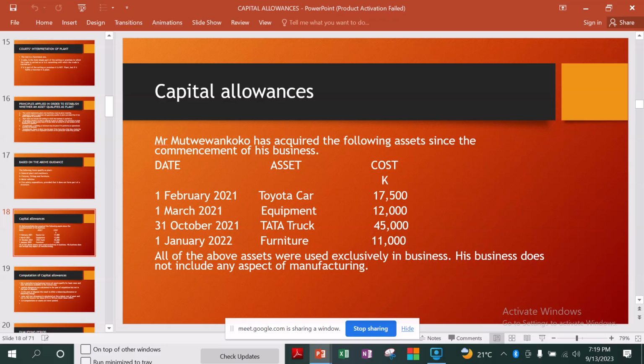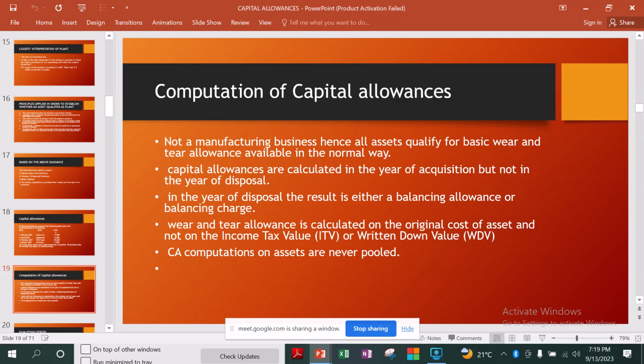So then, how do we go about the computation? A few things need to be noted here. Again, you should know that capital allowances are calculated in the year of acquisition and not in the year of disposal.